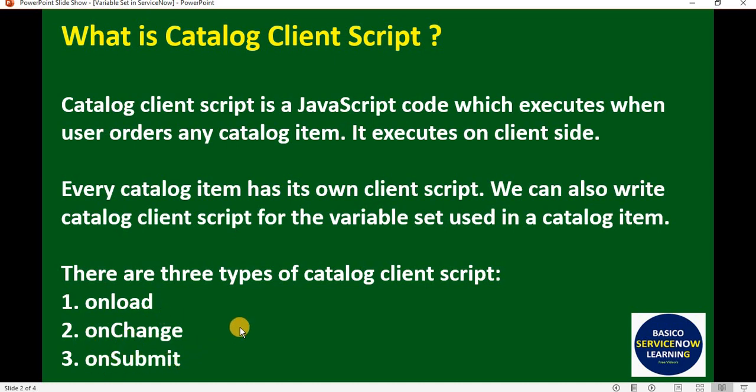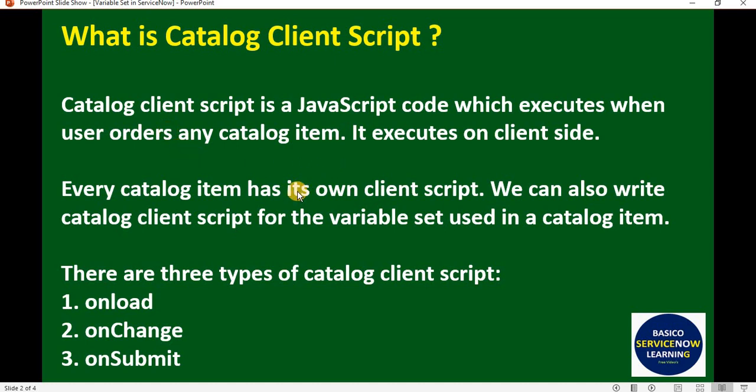Okay, so if we are talking about the difference between a catalog client script and a client script, the difference is that in a catalog client script we have three types, but in a client script we have four types, that is onLoad, onChange, onSubmit, and onCellEdit. And the second difference is that catalog client scripts only execute on catalog items or variable sets, right?